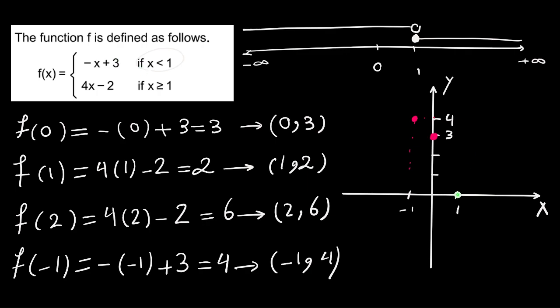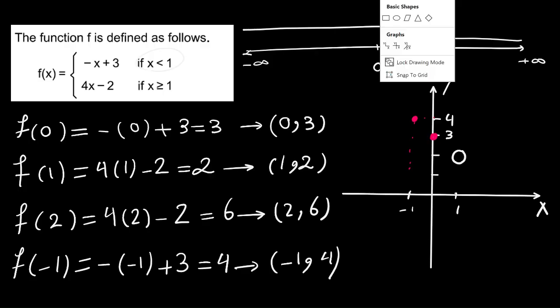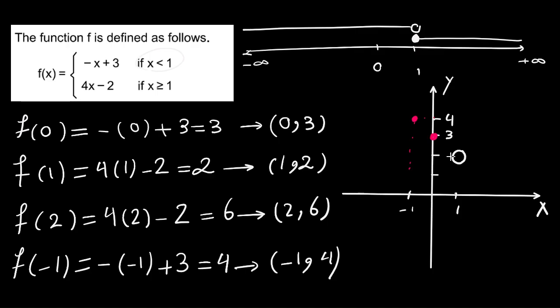So 1 and 2, this point was on the graph of the function, but right now there is a hole here. So just know that there is a hole here and we have this line.